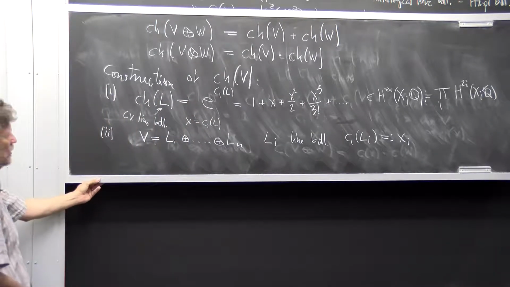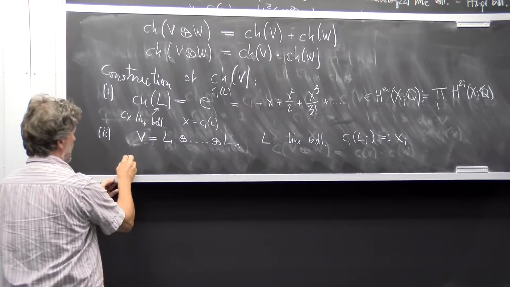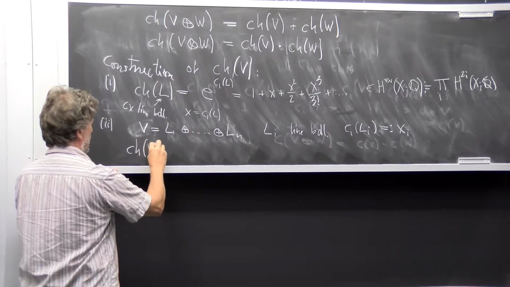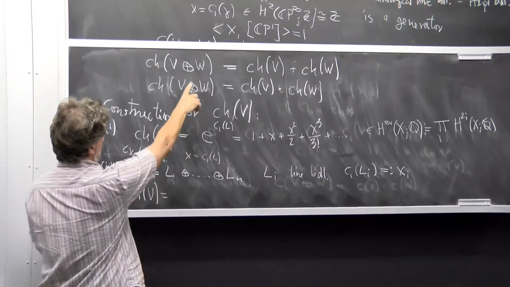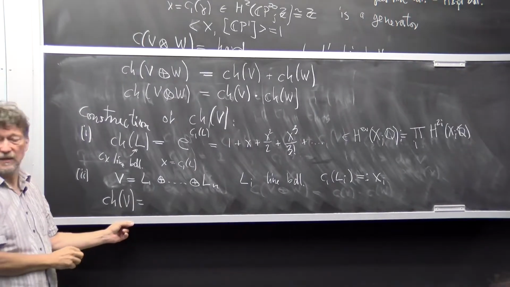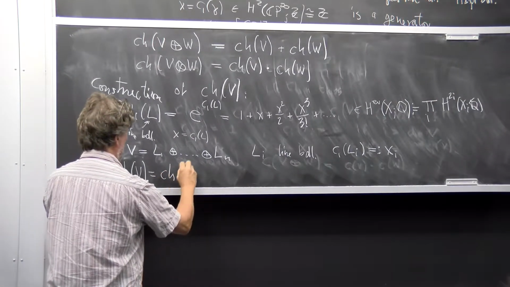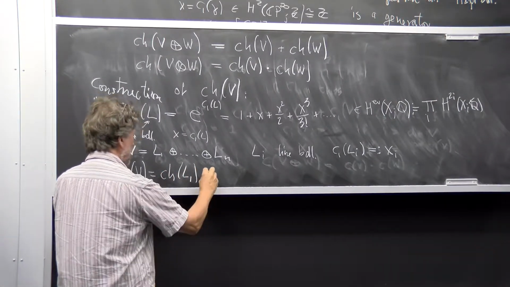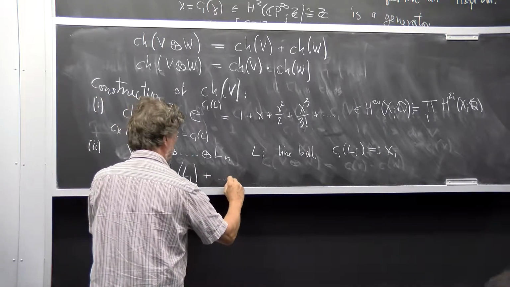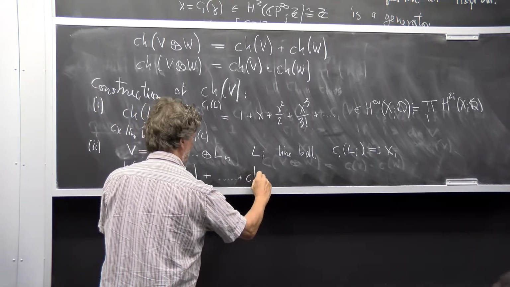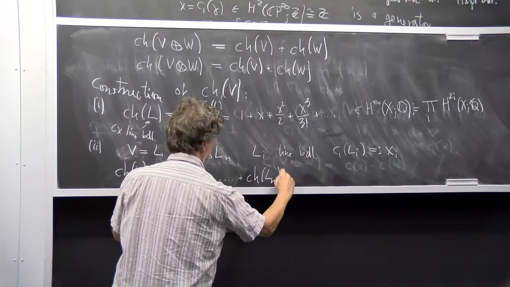Okay, so then we want to make sense of what is the Chern character of V. Well, for a sum, it's supposed to be the sum of these things. So in other words, this is the Chern character of L1 plus the Chern character of L2 plus the Chern character of Ln.